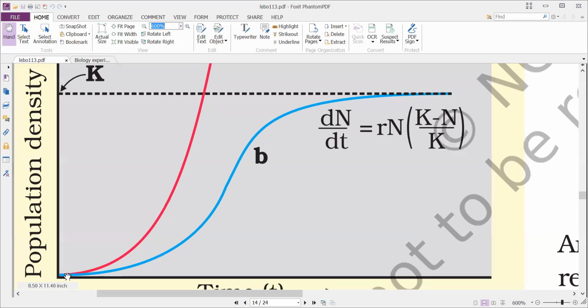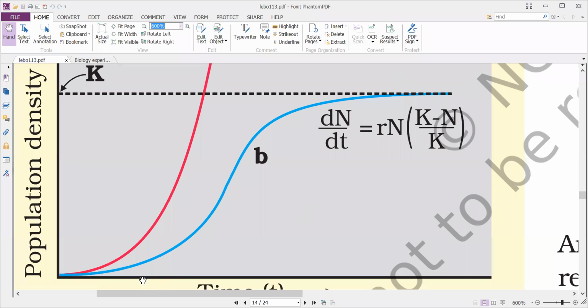What this blue line represents is the sigmoid curve, commonly called Verhulst logistic growth.